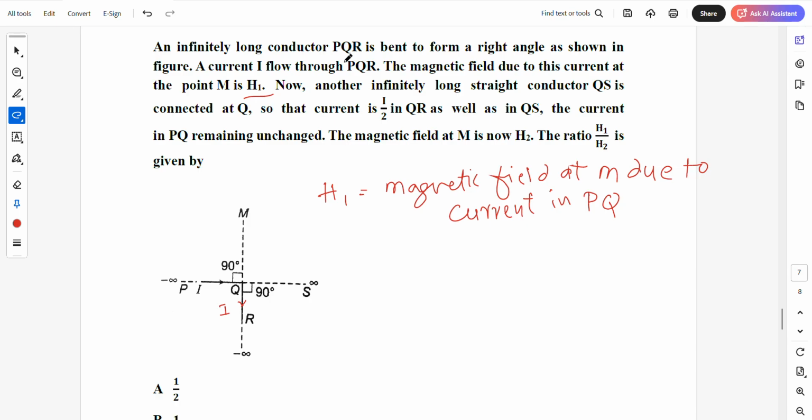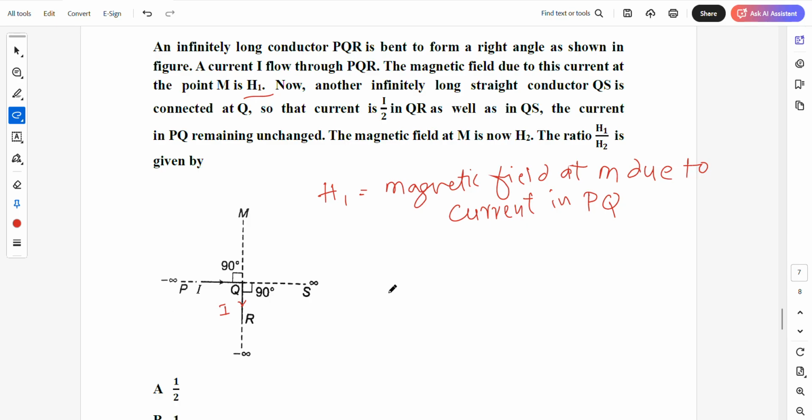An infinitely long conductor PQR is bent to form a right angle as shown in the figure. Current I flows through PQR. The magnetic field due to this current at the point M is H1. Now another infinitely long straight conductor QS is connected at Q, so that current is I by 2. This current will be I in the first case.